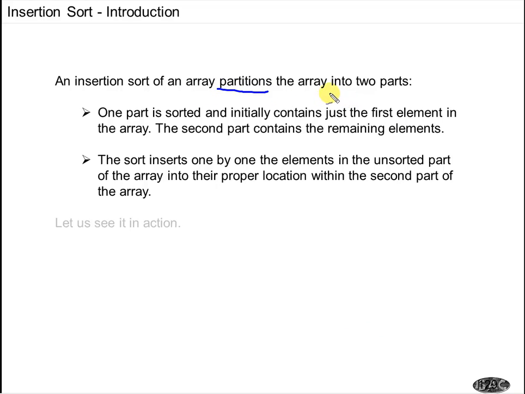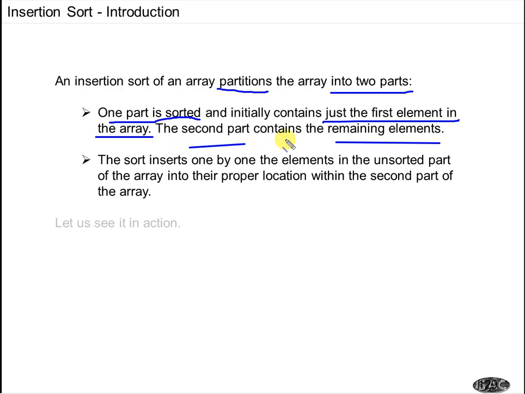Partitions the array into two parts. One part is sorted and initially contains just the first element in the array. The second part contains the remaining elements. Okay. So one part is sorted and initially contains just the first element in the array.